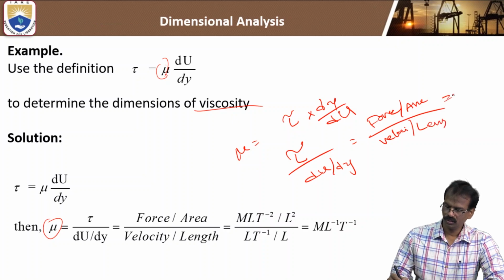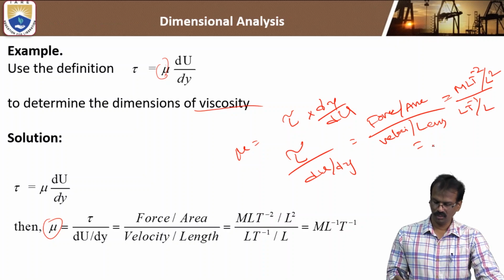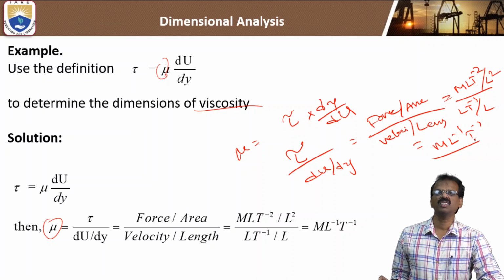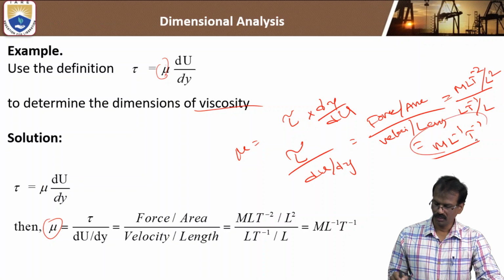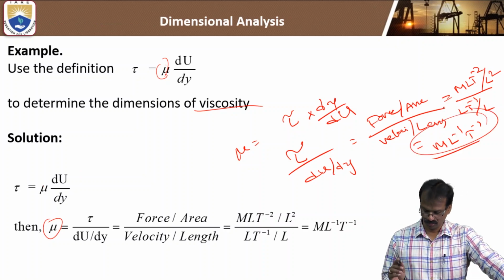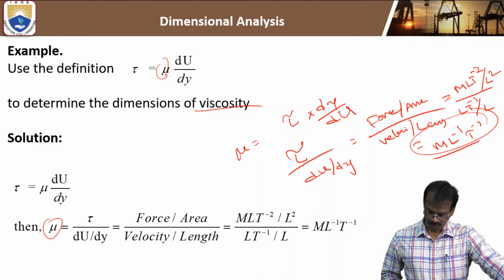Force is MLT minus 2, area is L square, velocity is LT minus 1, length is L. If you simplify this, you will get ML minus 1 T minus 1. In this way we can convert these variables, properties of the fluid, into basic dimensions.